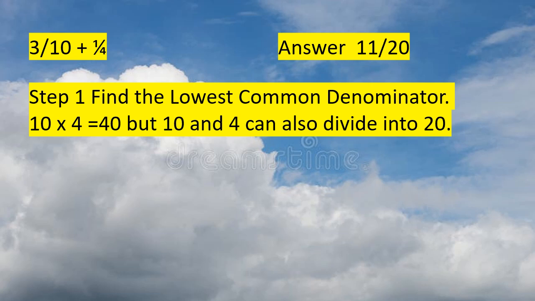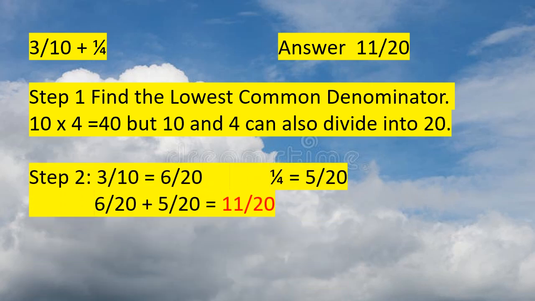So 10 times 4 equals 40, but 10 and 4 can also divide into 20, so we'll use 20. Step 2, 3 by 10 equals 6 by 20. 1 by 4 equals 5 by 20. 6 by 20 plus 5 by 20 equals 11 by 20, and that is the answer.